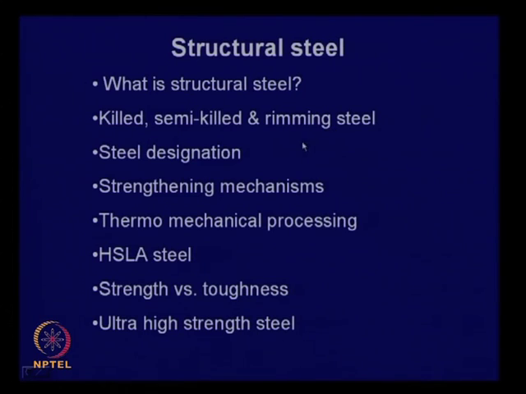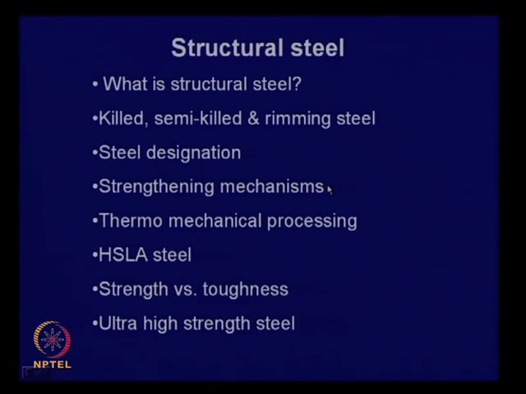We looked at the differences, we talked about steel designations, we talked about strengthening mechanisms, and we found that with most of the mechanisms, if you try and increase the strength, toughness goes down, and ductility goes down. But most of these applications demand the best combination of strength and toughness, and this is where grain refinement comes in handy.